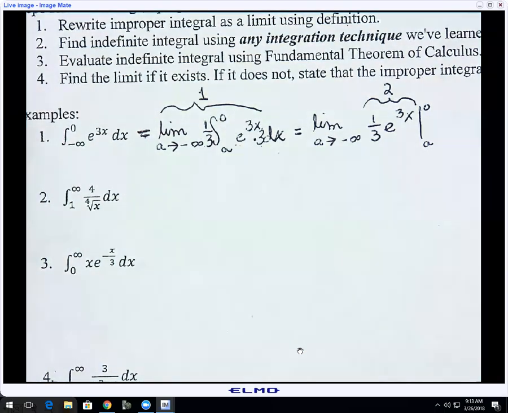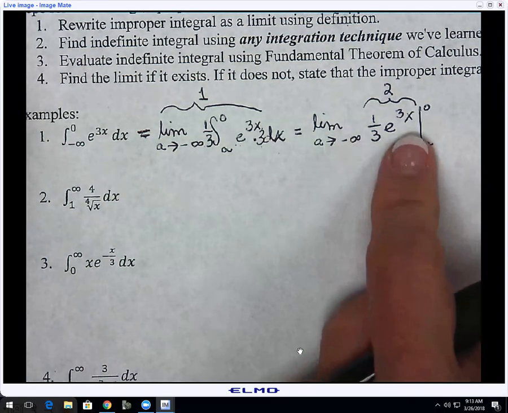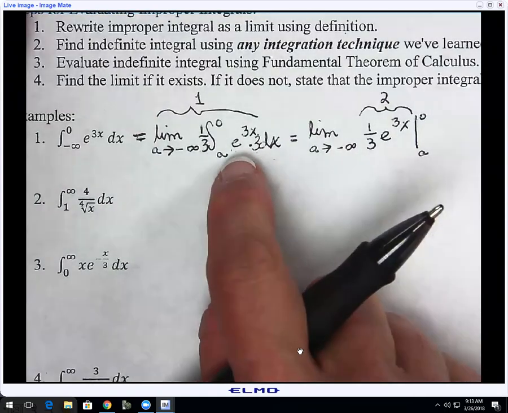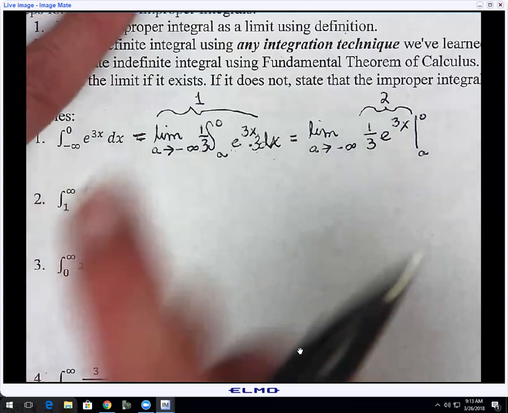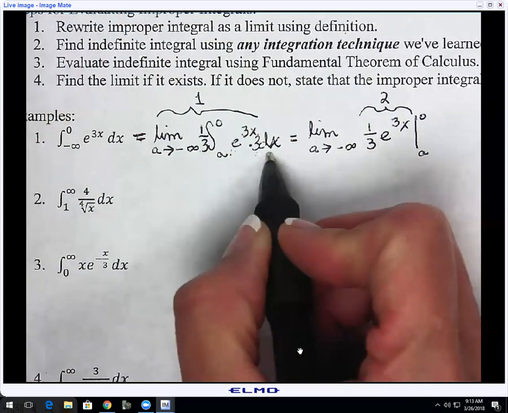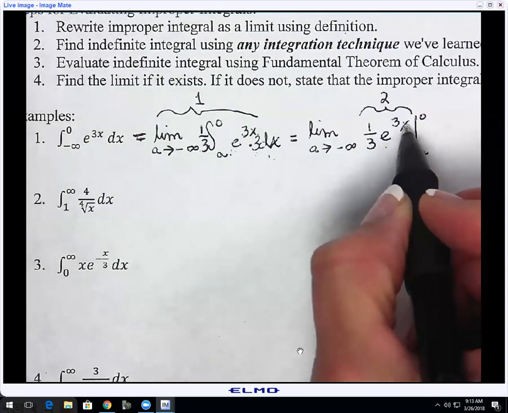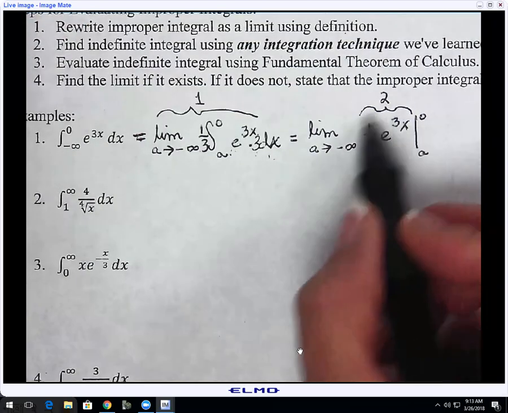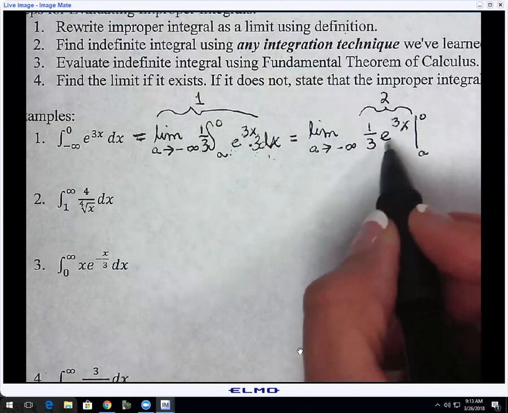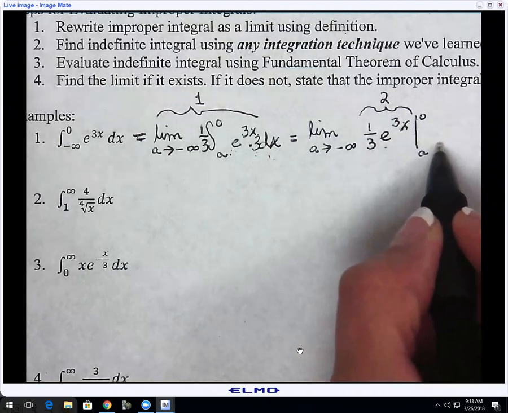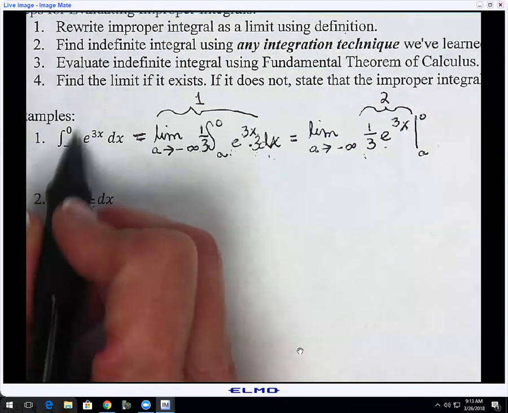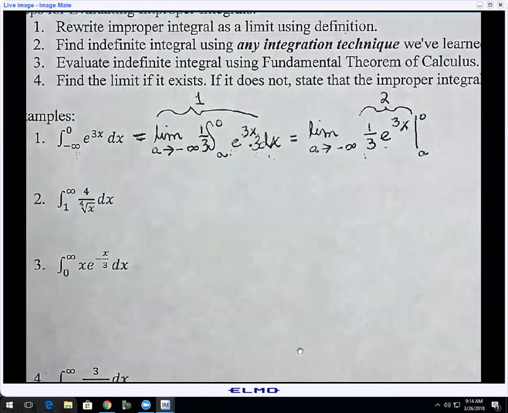So then when you integrate it, when you write e to the 3x, the antiderivative of e to the ugly, d ugly, is just e to the ugly. When you check that, when you take the derivative of this, the derivative of e to the 3x is e to the 3x times 3. That 3 times that 1/3 gave us back that coefficient of 1 that we started with.